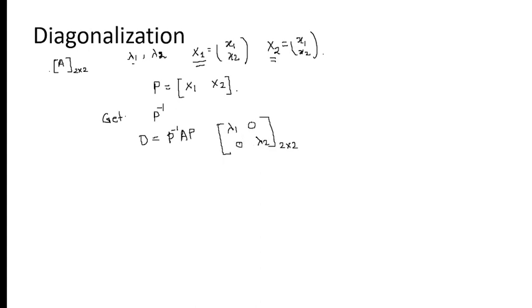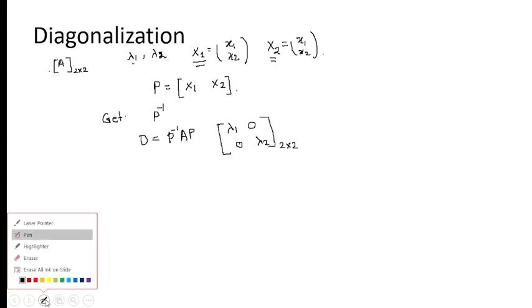That means in a diagonal matrix, the diagonals are the eigenvalues of the system matrix A. We are going to understand this using an example. I am taking the same example I used in the previous case where we were determining the eigenvectors.